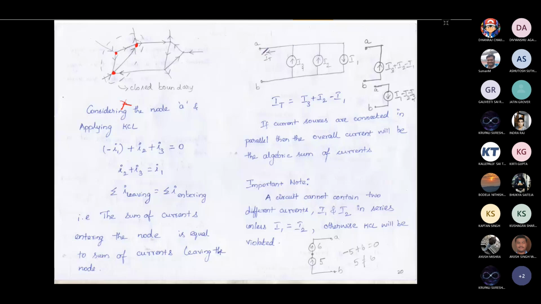So in case we consider this circuit, we have three current sources connected in parallel.